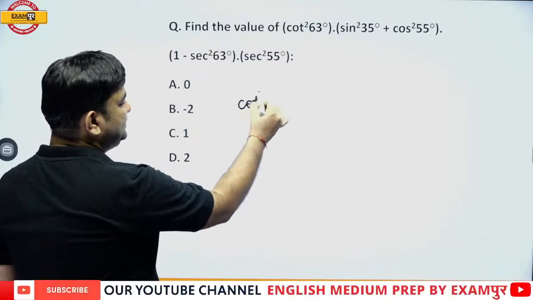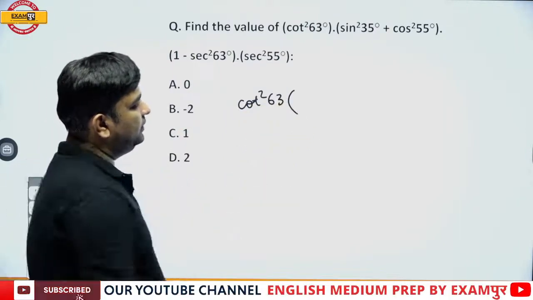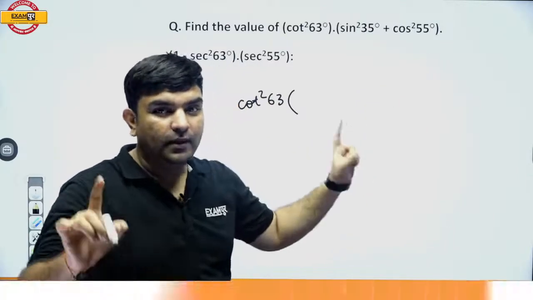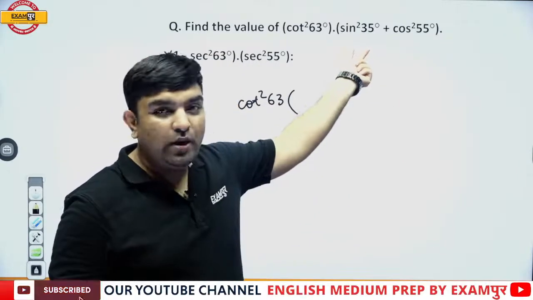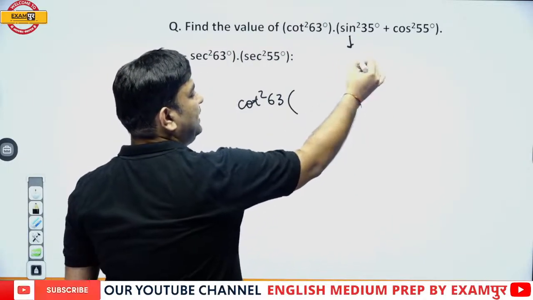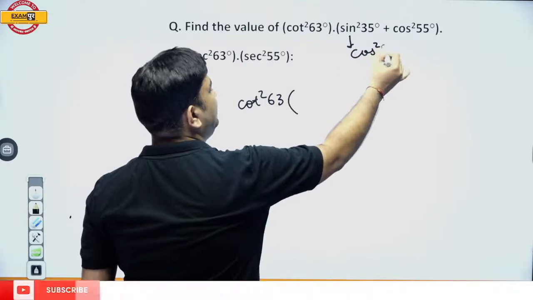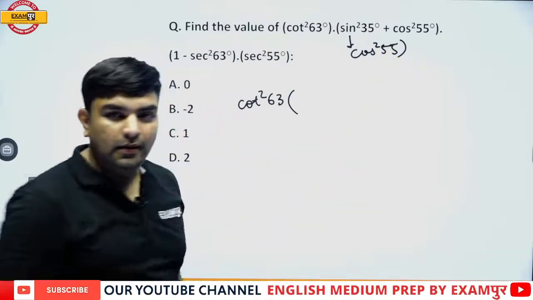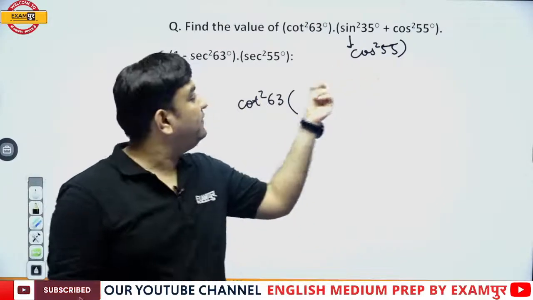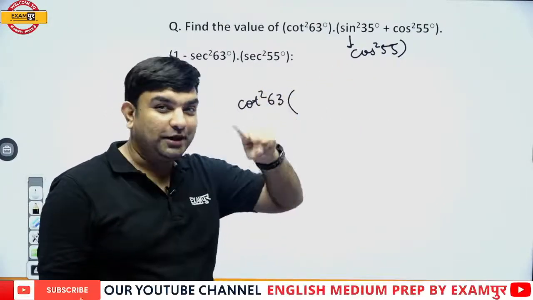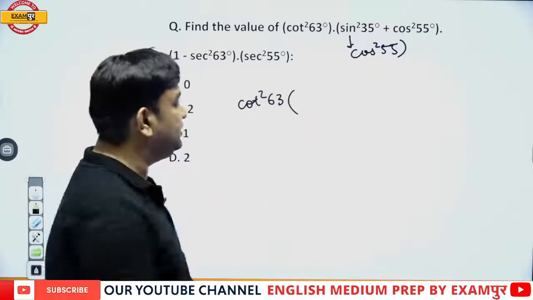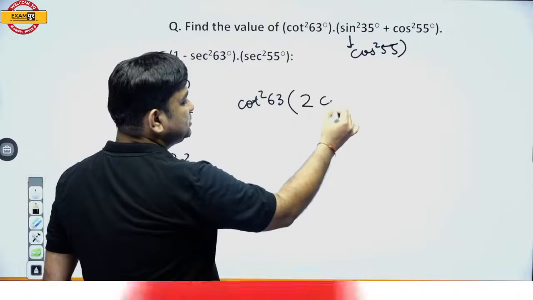Cot square 63, and cos square 55, or you can even write it as sin square 35, like cos square 55, a complementary pair. Now, some of you might ask, sir, why cos square 55? Because sec is there, so they can cancel out each other. So I am writing this as 2 cos square 55.